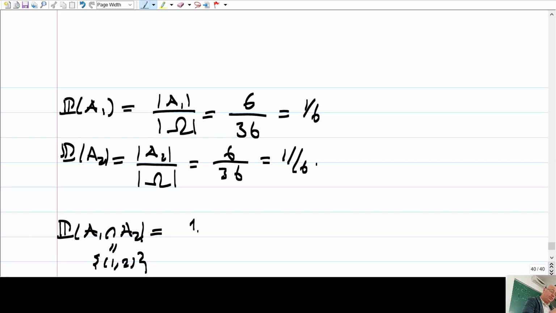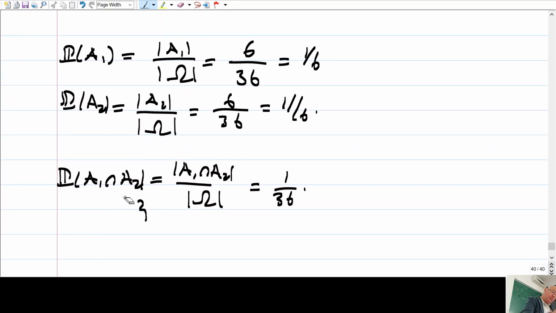So the intersection is just 1 divided by the number of elements in omega, so this is 1 over 36. And you see that this is just the product of these probabilities.